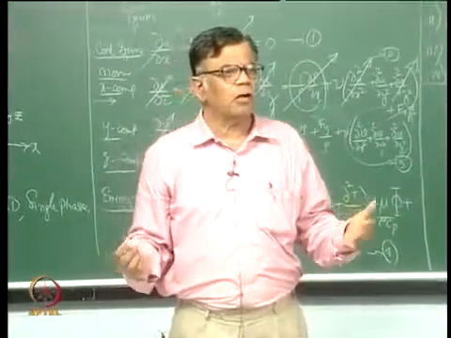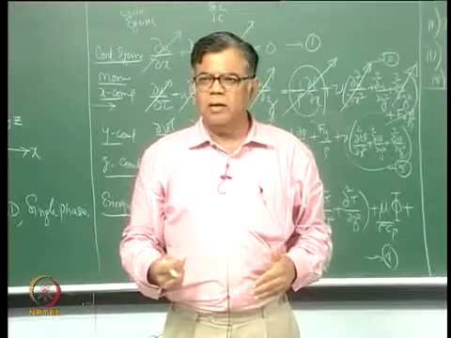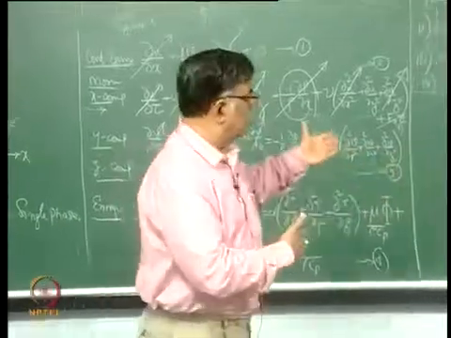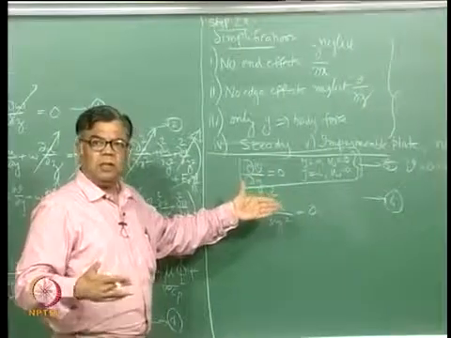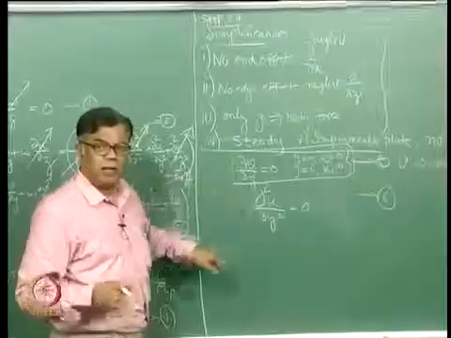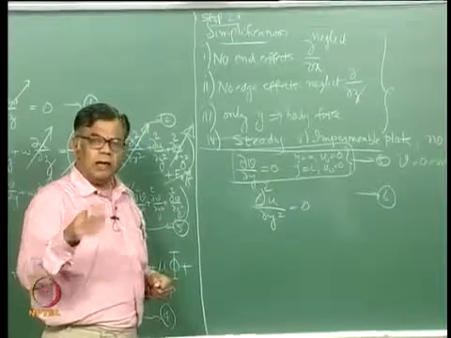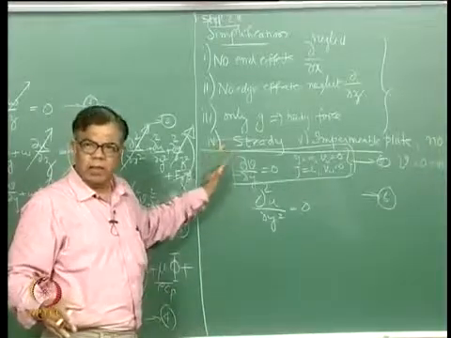What have you done in one shot? All the convective terms are gone. Viscosity is there, but now it has come down to del square u by del y square. It is only in the y direction that every equation is coming along now.